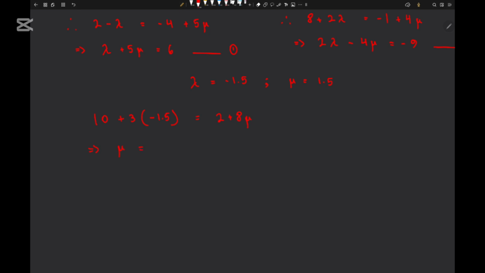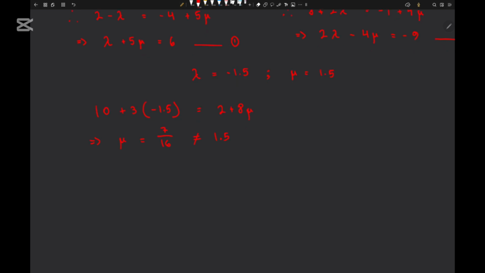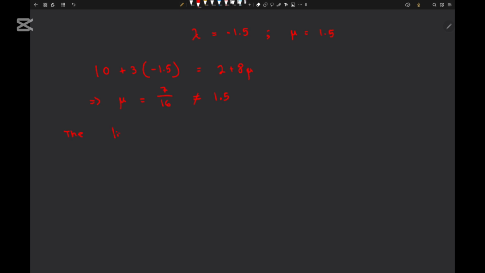If the value of mu is not 1.5, it means that these two lines are skew. Now as you can see, the value of mu is actually 7 over 16, which is not equal to 1.5. So you can end with a conclusion that the lines are skew.